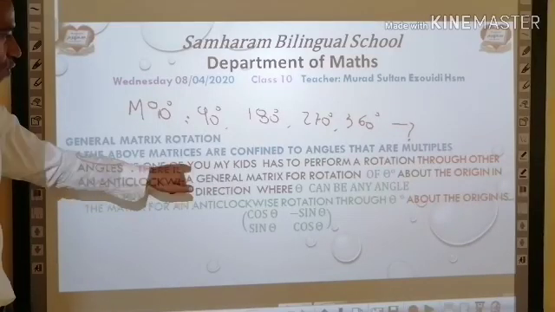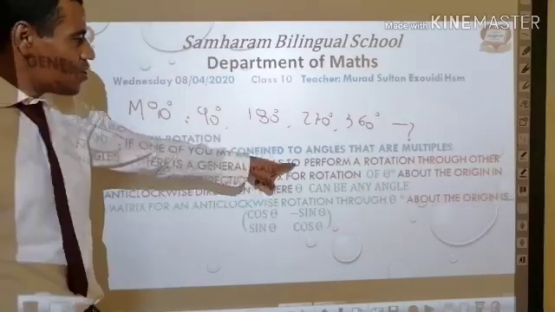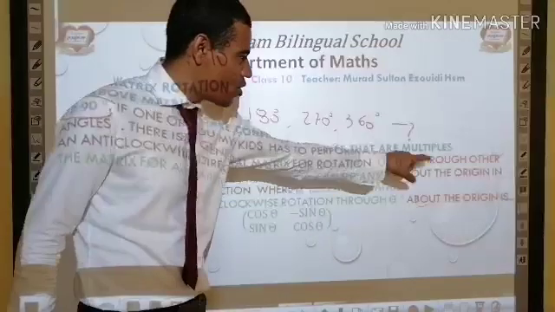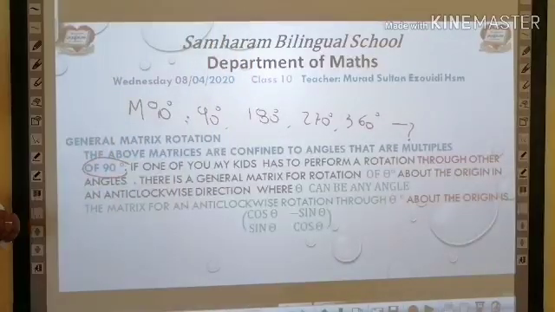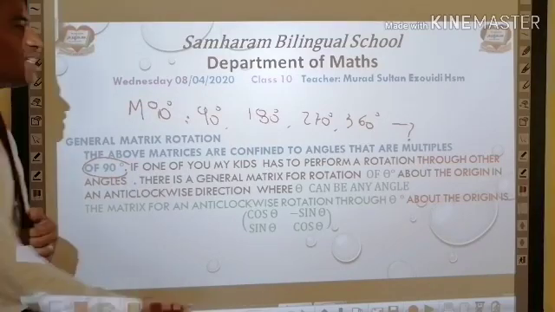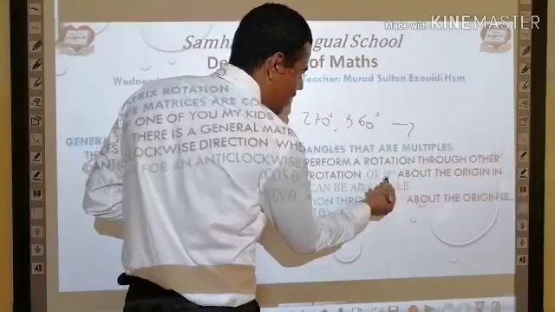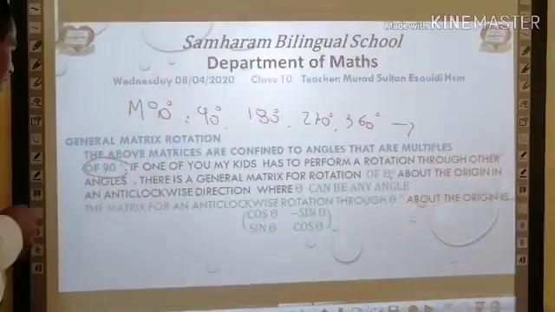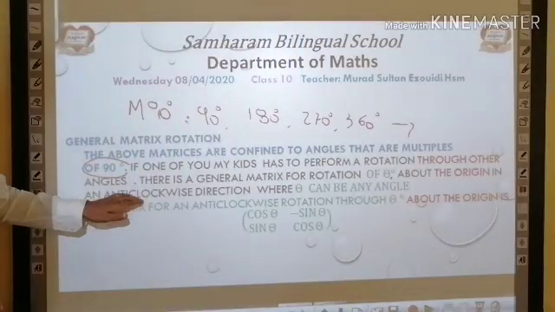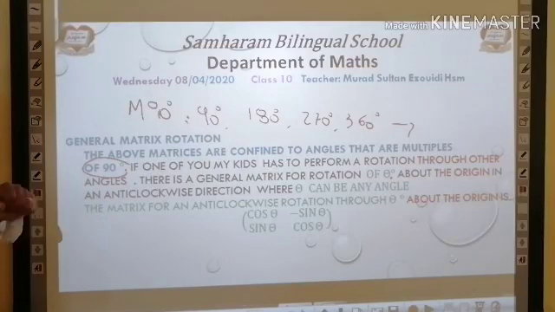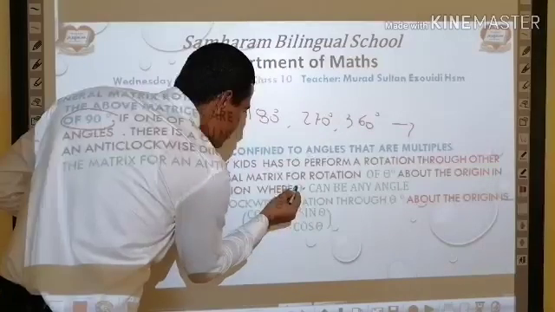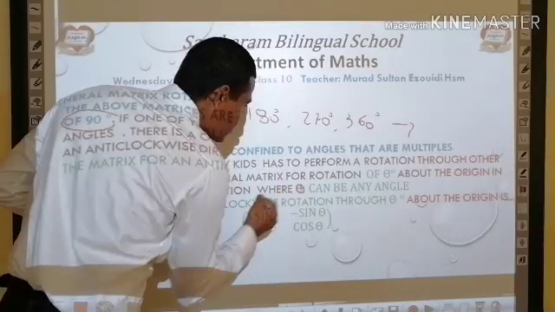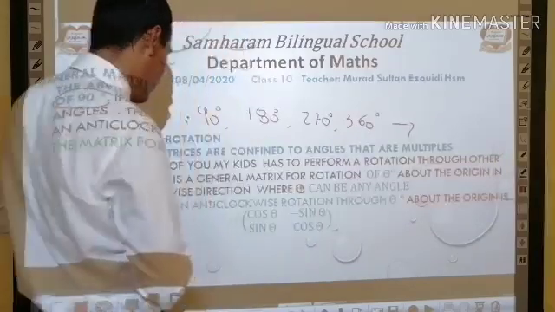If one of you, my kids, has to perform a rotation through other angles, there is the general matrix for rotation of the angle theta about the origin in an anti-clockwise or counterclockwise direction. Theta can be any angle.